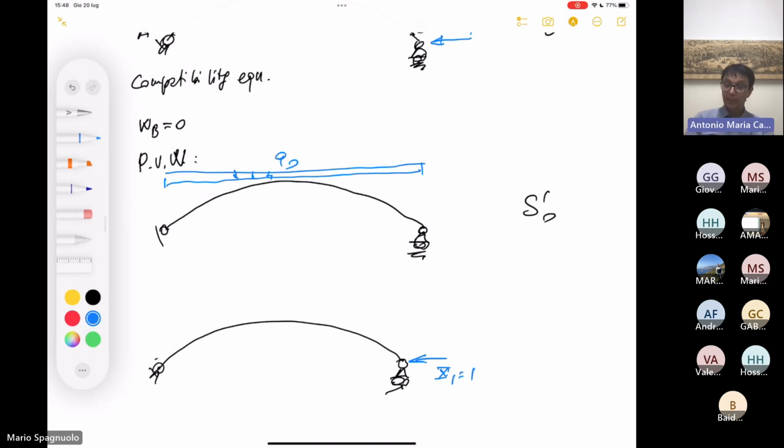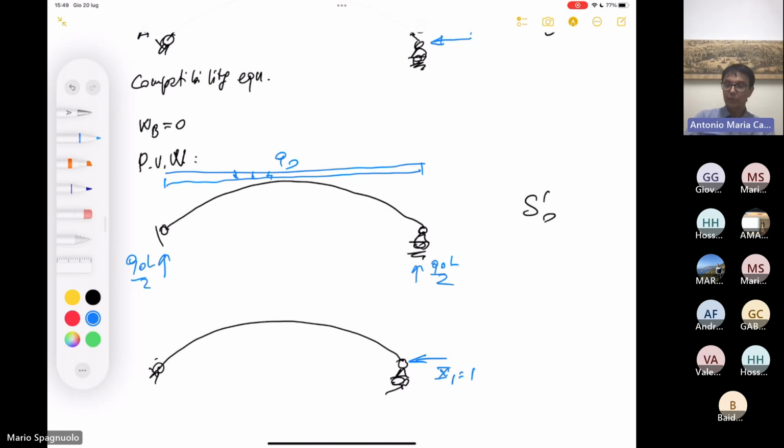Now, it's a simple task to obtain the forces in these systems. For example, in this system, obviously the two vertical reactions are Q0L over 2, Q0L over 2.